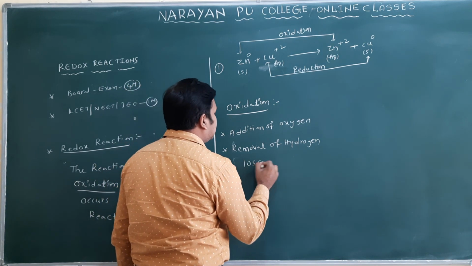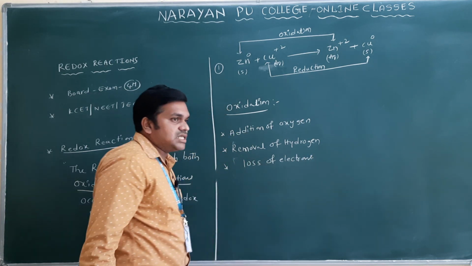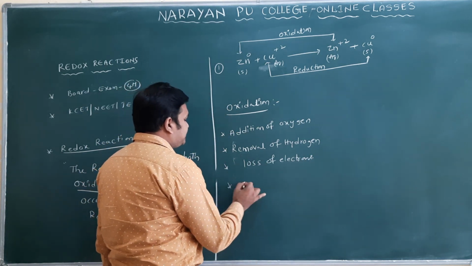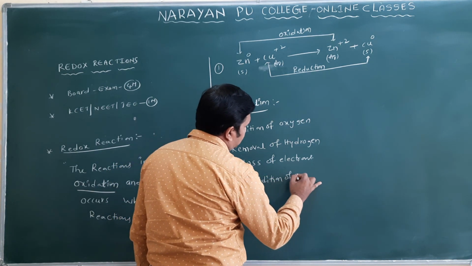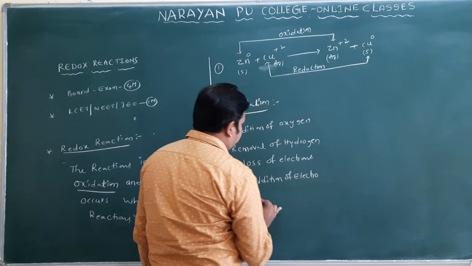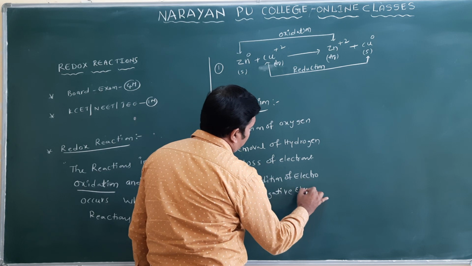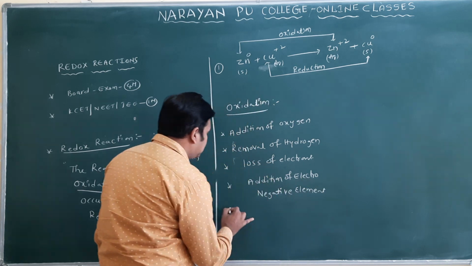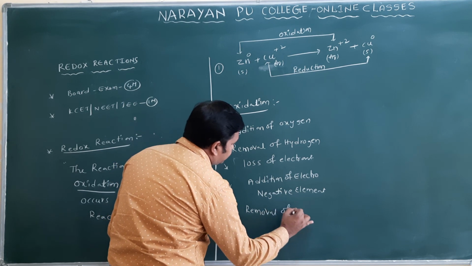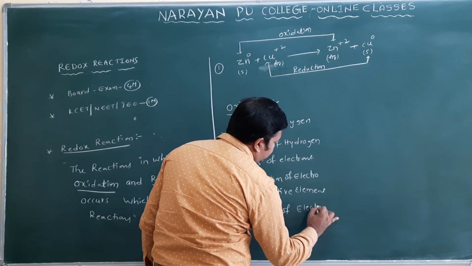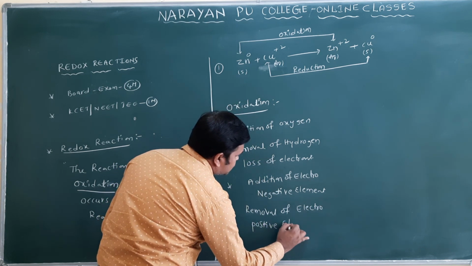And one more here, loss of electrons. Addition of electronegative element. Or you can see one more here, removal of electropositive element.